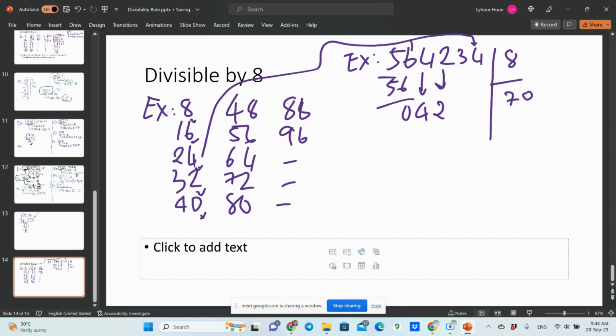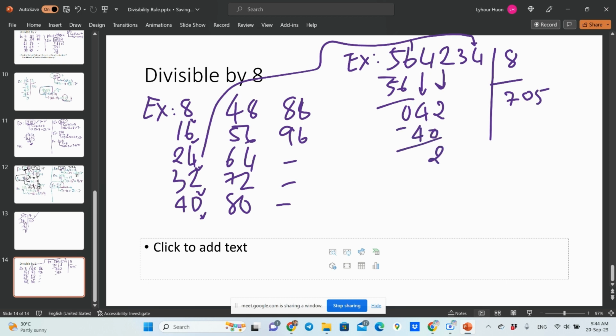6 times 8 is 48, right? How many times does 8 go into 42? 5. 5 times 8 is 40.